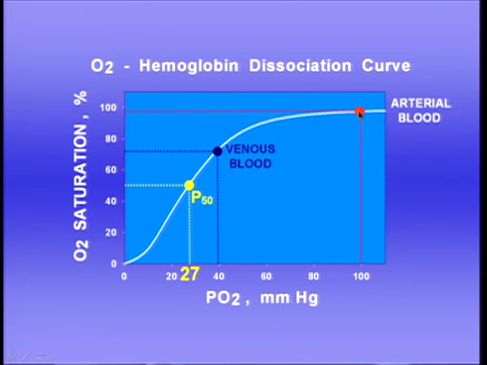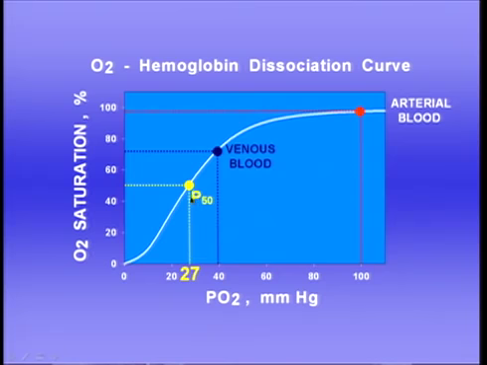It's about 97%. So in arterial blood, the hemoglobin is almost fully saturated. Then we go down to what we call the mixed venous blood. That's the blood in the pulmonary artery coming into the lung.